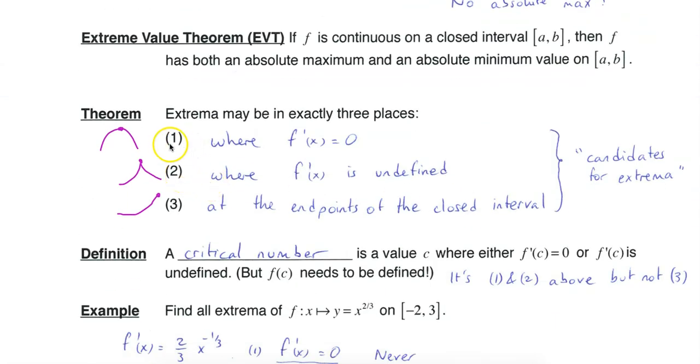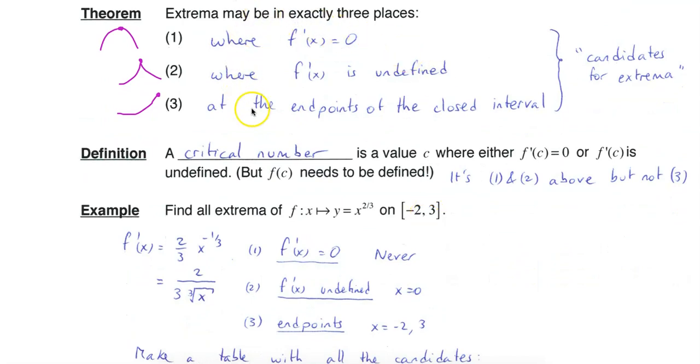We had an absolute min at the situation number 1, f prime equals 0, and we had an absolute max at situation number 3. It was the endpoint on the right. These sketches show absolute max values, but of course you could do similar sketches for absolute min values. So we do exactly the same process to find the absolute maximum and the absolute minimum.